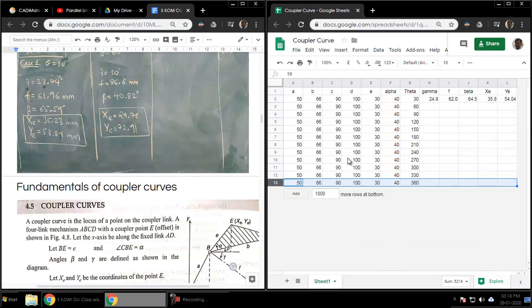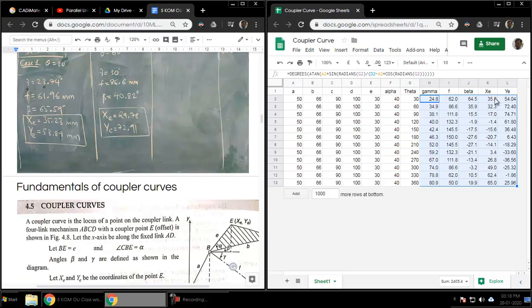I'll just delete it. Fine. So all the 12 values are there. So these are the input values for which I have to do the same calculation. So all I have to do is I'll have to select them, and holding this point over here, I just have to drag them down. And all these values are readily available to me. Fine. So xe and ye values, all these values are ready.